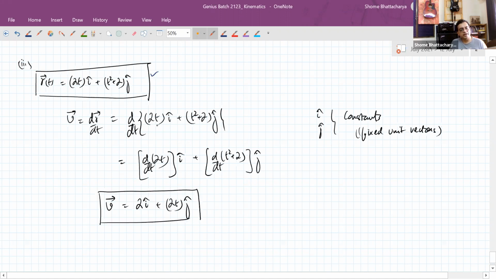So this is the velocity. And because our x and y were in meters and time is in seconds, dr by dt, the velocity, is in meters per second and t is in seconds. So this is the formula of instantaneous velocity. So velocity at t equal to 0, the initial velocity so called, is 2 i cap. It has a magnitude of 2.